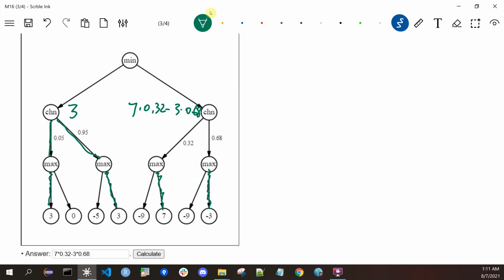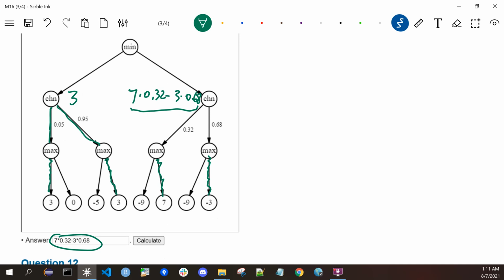I guess this number should be slightly smaller than 3, and you can try to compute this. If it's larger than 3, then the answer is 3. If it's smaller than 3, which should be the case, then it's just this number, because the min player is picking the minimum between these two numbers.